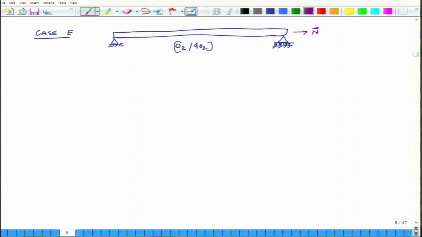Okay. So, before we write the problem definition, the question is what are the boundary conditions? The boundary condition at this edge is u naught, v naught, w naught and Mx, all of these are 0, at the negative edge.